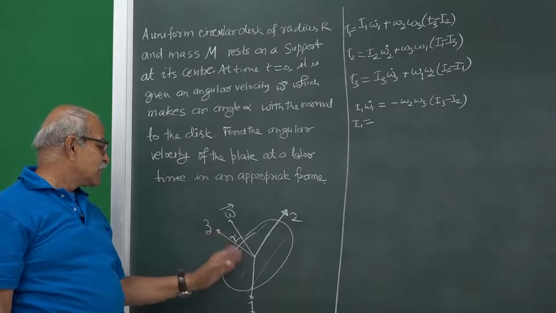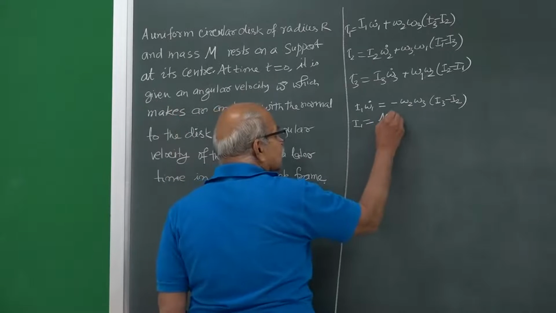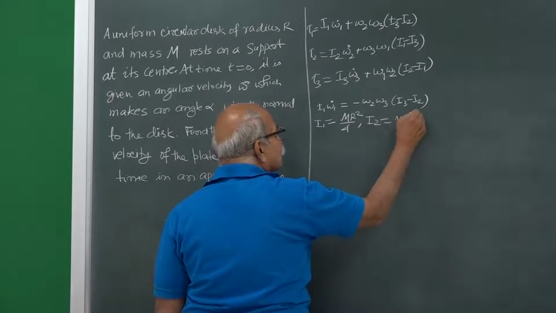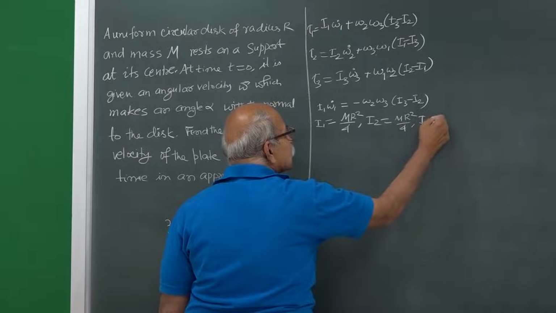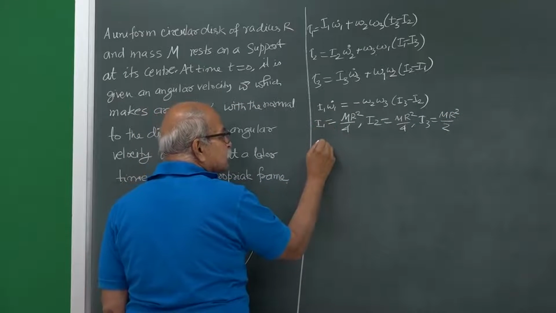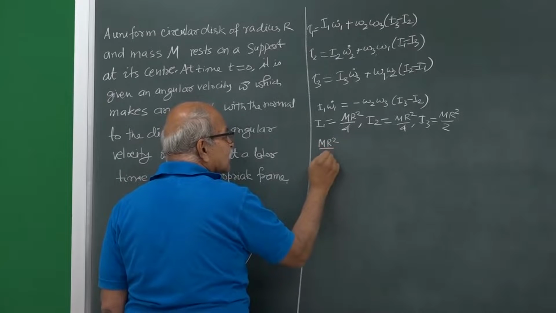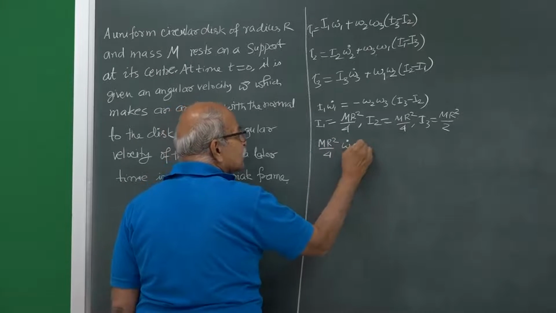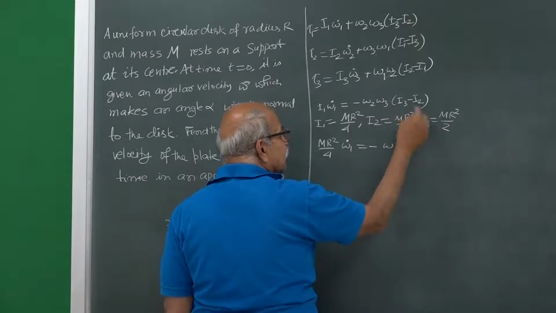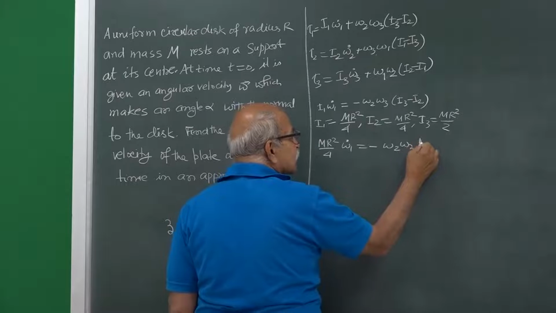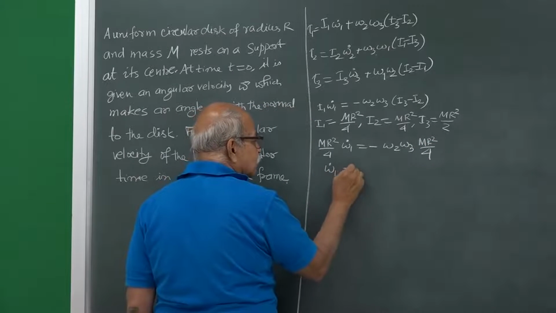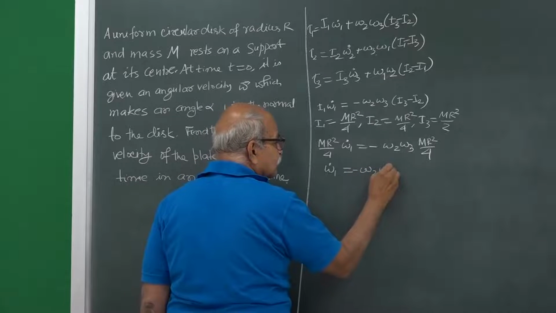So, I1 is mr square by 4, I2 is also mr square by 4, and I3 is mr square by 2. So, it gives me mr square by 4 omega 1 dot equal to minus omega 2 omega 3 times (I3 minus I2), which is mr square by 4, and therefore, omega 1 dot is equal to minus omega 2 omega 3.